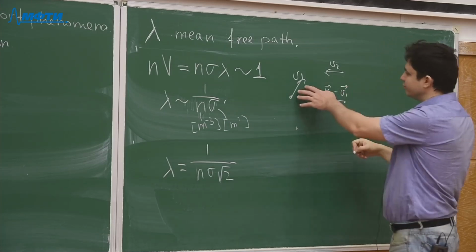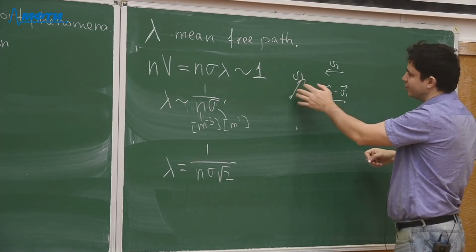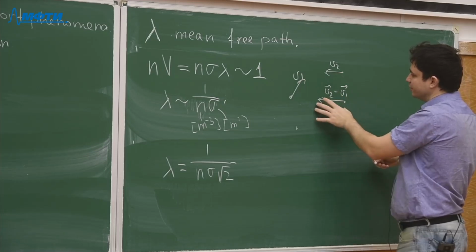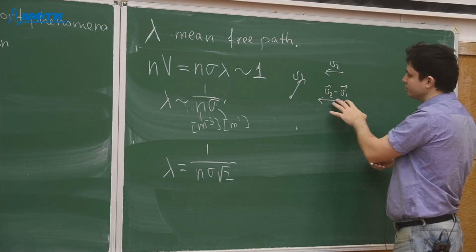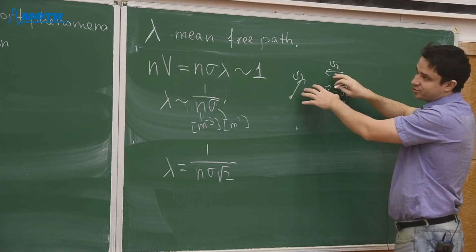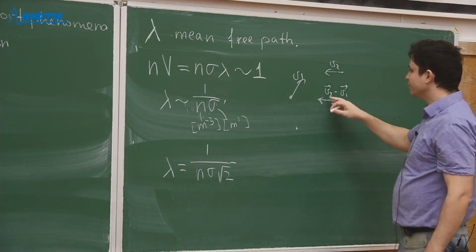Because if we want to put this molecule at rest, we need to subtract the velocity v1, and after we subtract this one from the second one, then the total velocity will be v2 minus v1. Of course, the direction of this vector is not related to the directions of these vectors. It's a small mistake in my figure, but that is it.